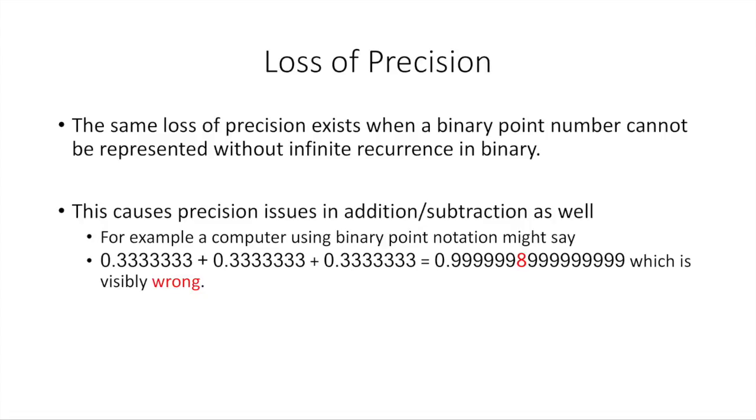For example, I tried this on my computer in something that is basically code. Writing code that added 0.33333 plus 0.33333 plus 0.33333, the same thing, 3 times. And I got this odd looking number that was mostly 9s with an 8 in the middle. What is this 8?